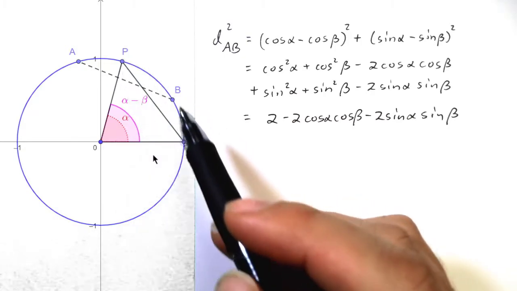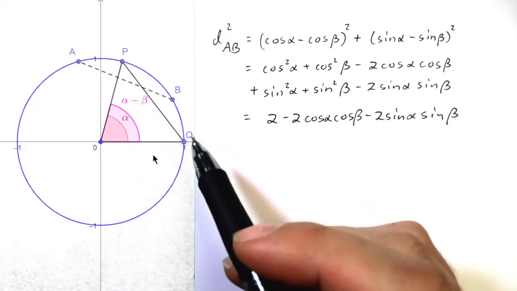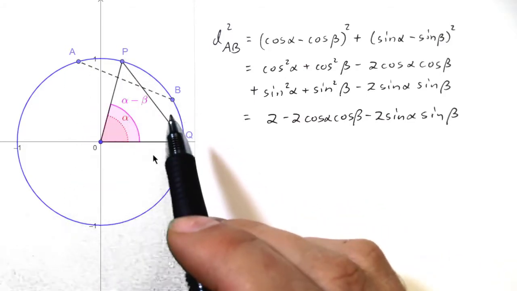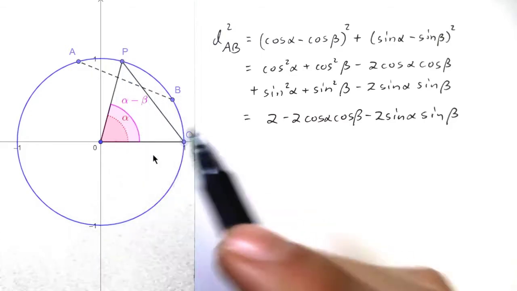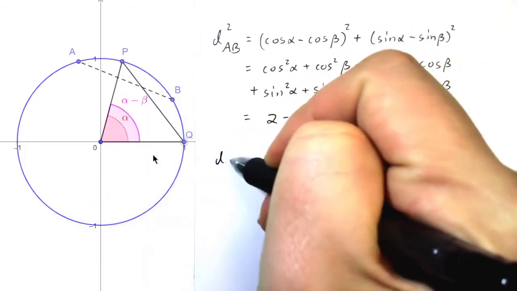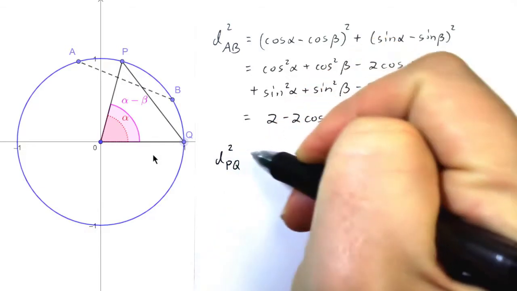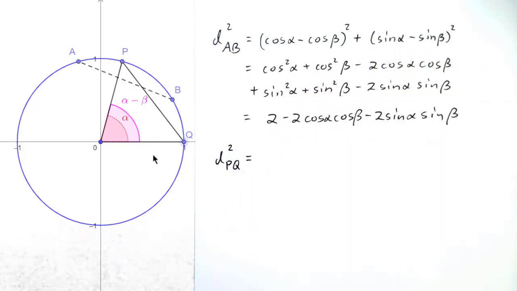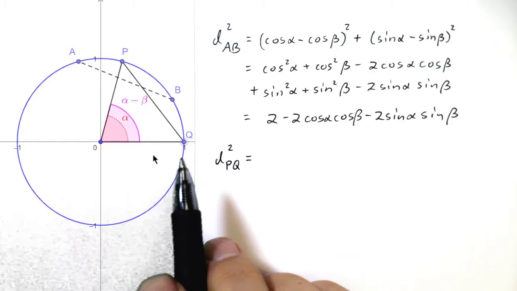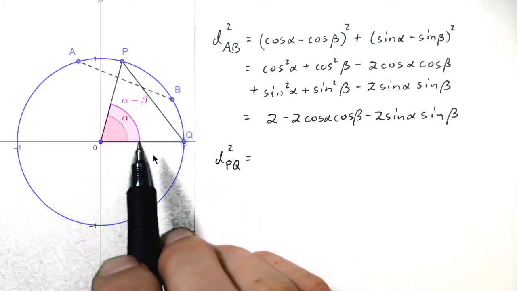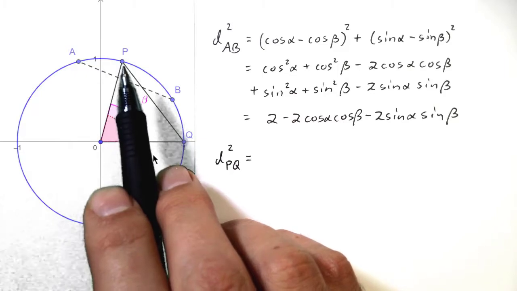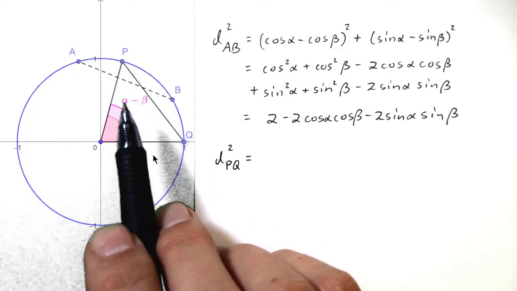I'm now calling them P and Q. They're different points, but the distance between them is the same as the distance between A and B. So now we're going to compute the distance between P and Q, the distance squared, that is. And we're going to go about it the same way. We're going to take the square of the difference of the x-coordinates. So now the x-coordinate of P is just the cosine of this angle, alpha minus beta.